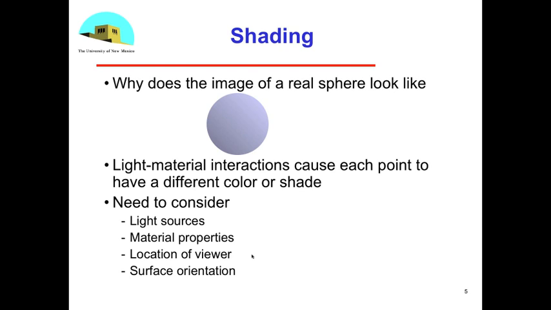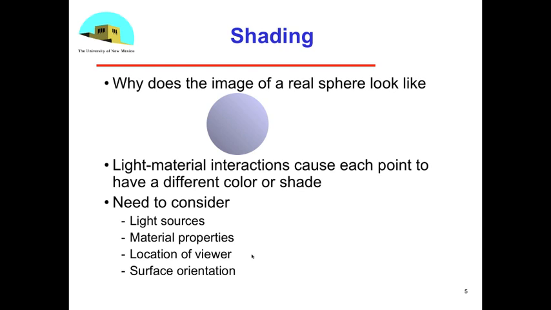We also need to model a more complex interaction: some light is absorbed and some is reflected, but how is it reflected? Is it scattered in all directions, or is it reflected in just one direction as a mirror would? So we need to look at that. We need light properties: where the light is, how the light is distributed, what color the light is.